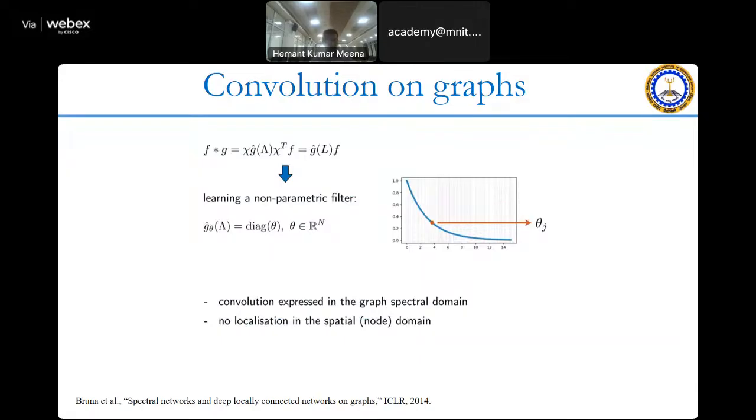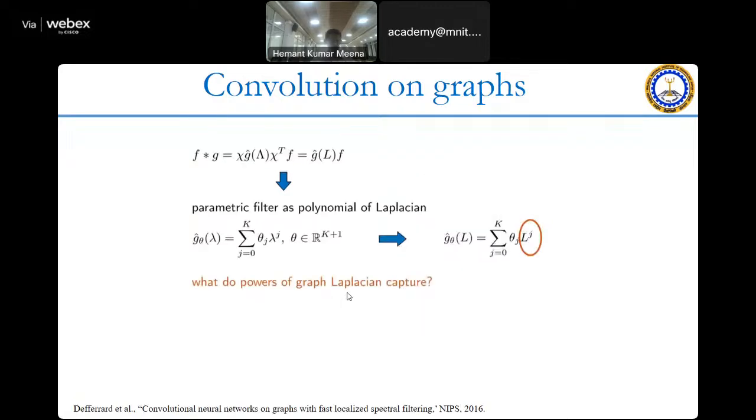They are still to be applied. That thing must be very clear. Learning a non-parametric filter, the diagonal convolution, expresses no localization in the spatial node domain. So there are some disadvantages when we do this. Localization facility is not available.